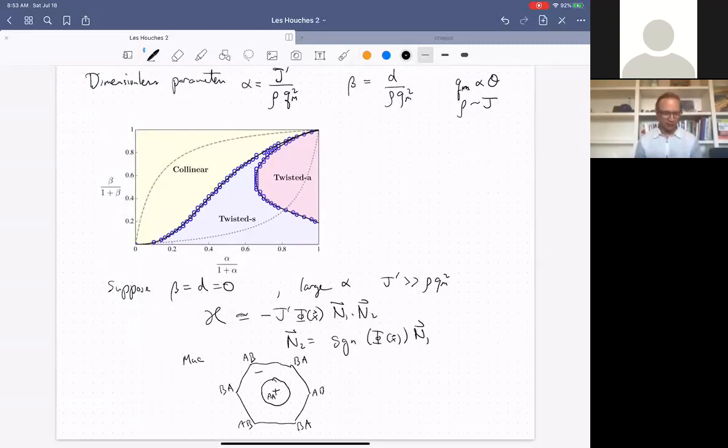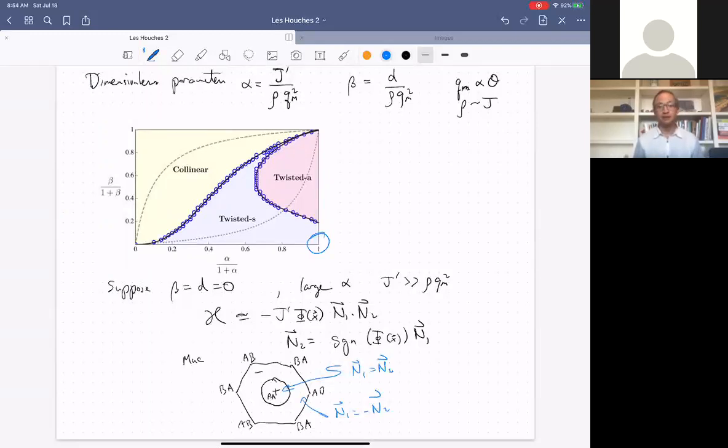Basically what will happen in this strong coupling limit, which corresponds to this region here on our diagram, where we've taken no anisotropy and very large interlayer coupling, is this: in the center of the region, we want n1 equal to n2, but everywhere else we want n1 equal to minus n2.